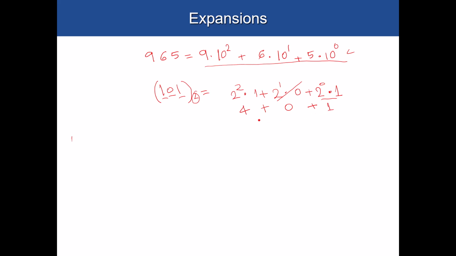So what we are left with is 4 plus 1, which is 5. Therefore 101 in binary is equivalent to 5 in decimal. So this is base 2, this is base 10.